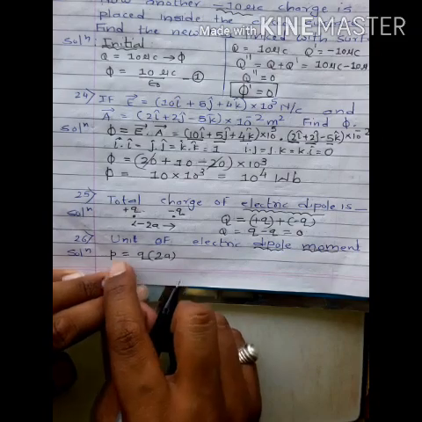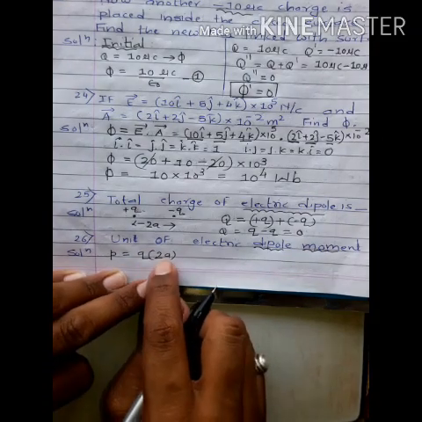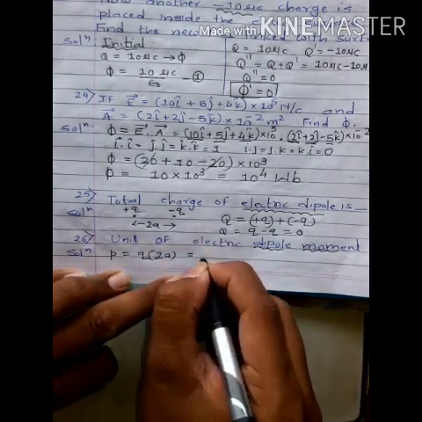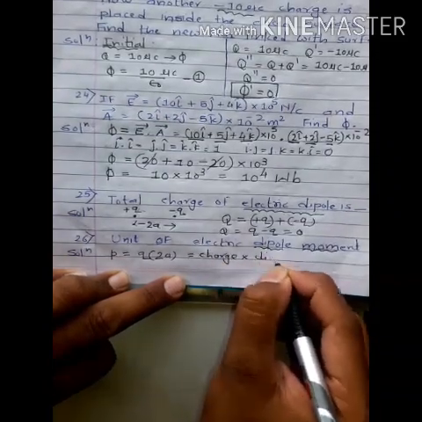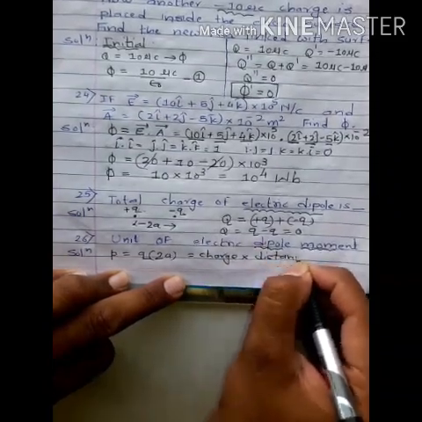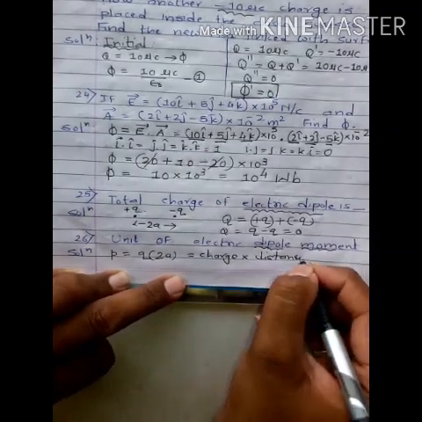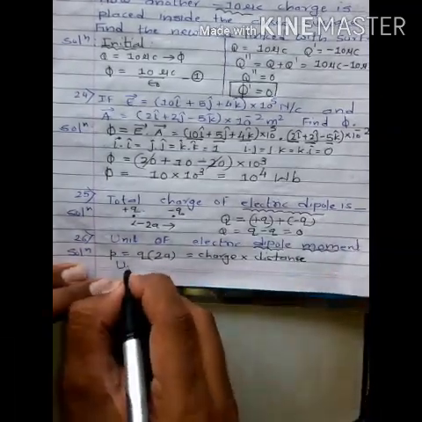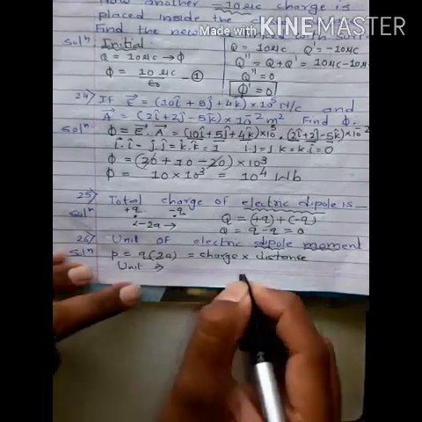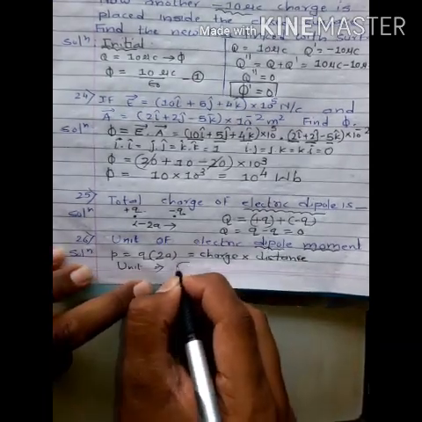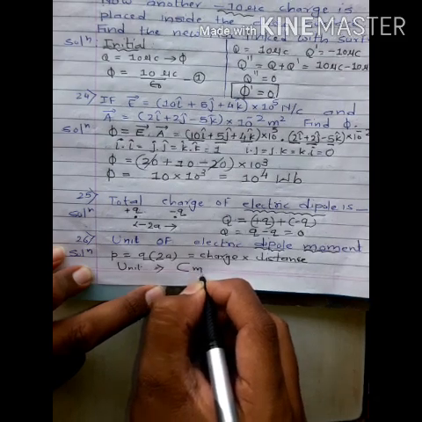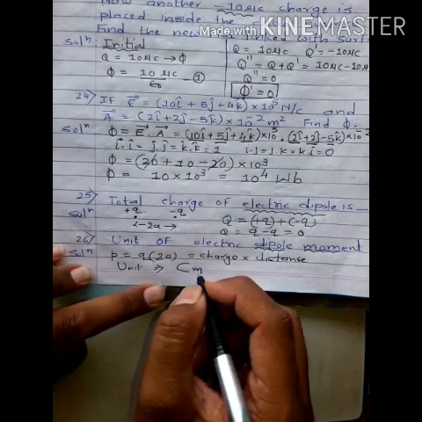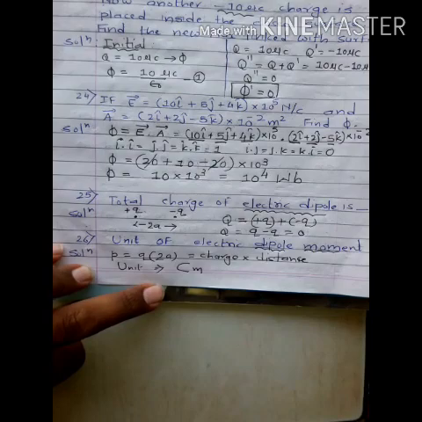Means dipole moment P is equal to charge into distance. Therefore, the unit of dipole moment is the unit of electric charge, coulomb, capital C, and the unit of distance, meter. So the unit of dipole moment is coulomb into meter.